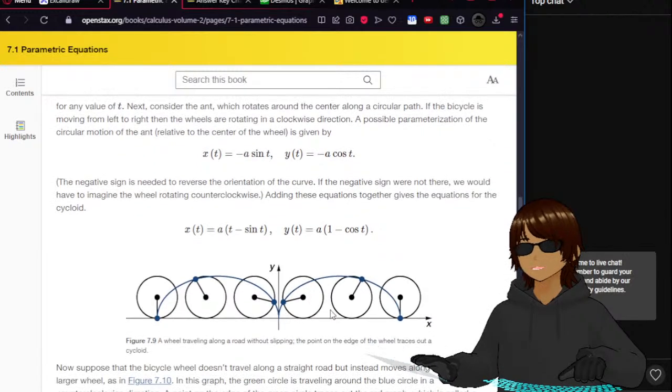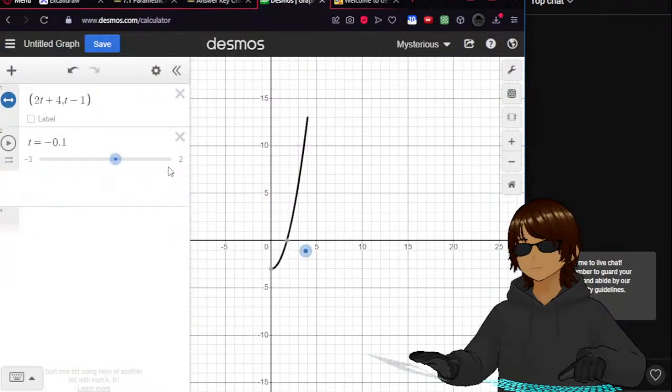Yeah, so the x value would be a times sine t, but the x value is shifted. Hold on.